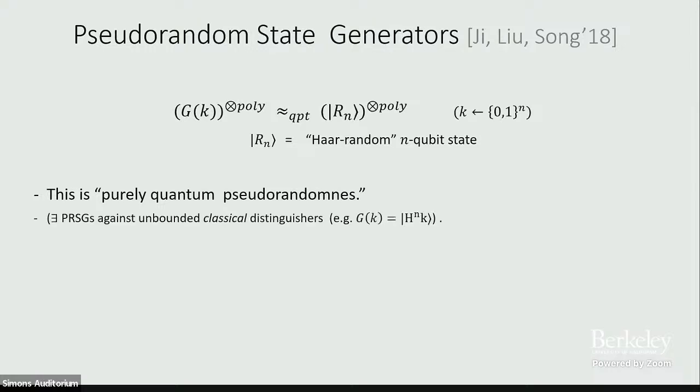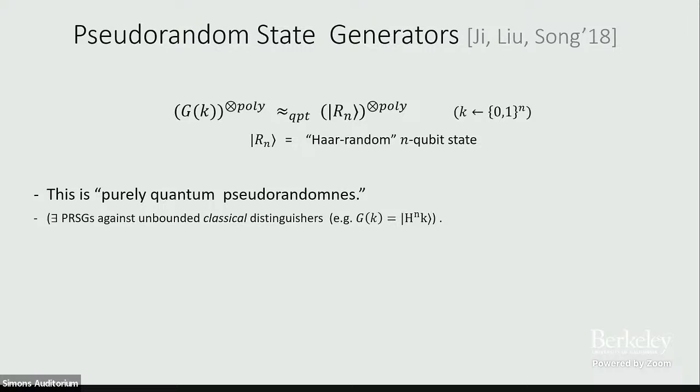In what sense? If you only think about classical distinguishers, what does it mean to have a classical distinguisher for a quantum state? It means the distinguisher can only do the naive thing: measure it in the standard basis and then do computation on what you get.